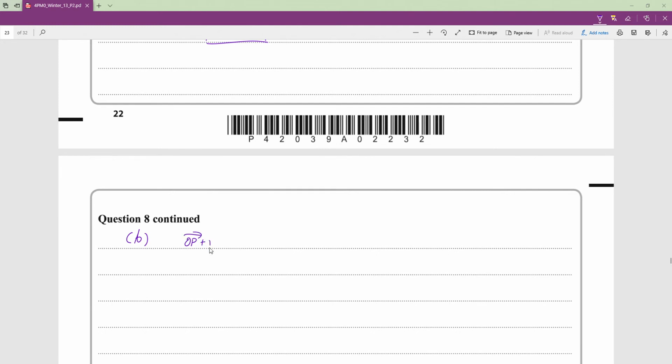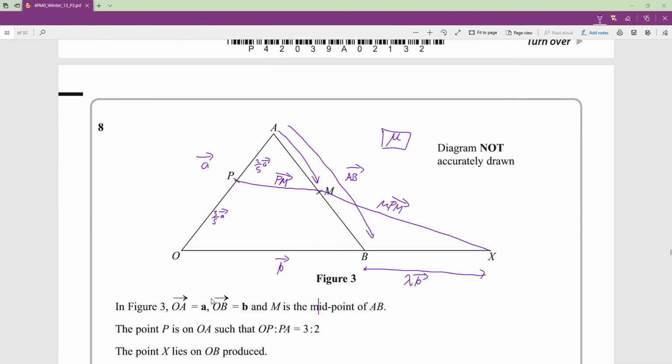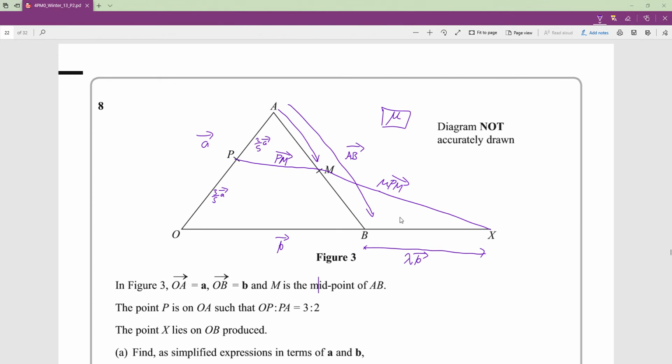And the reason I put this out is because both of these journeys start and finish in the same place. So it goes from O to P to M to X, and also O to B to X. And these two journeys are equivalent, so we put them in the equation with each other.